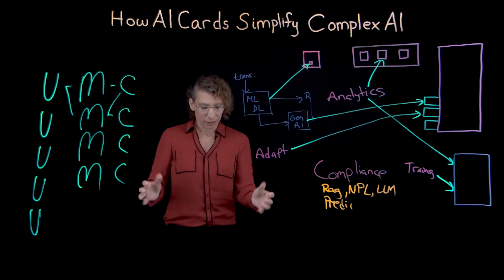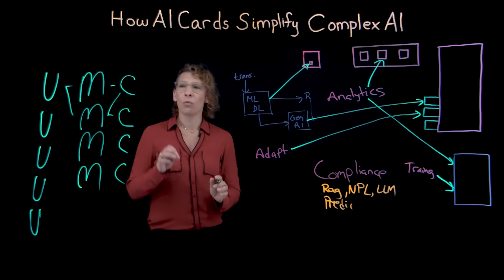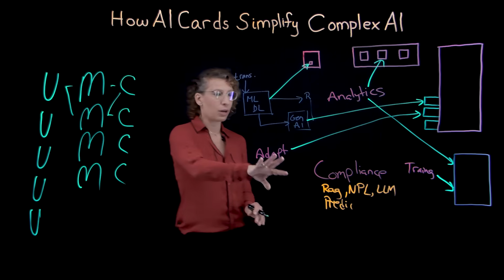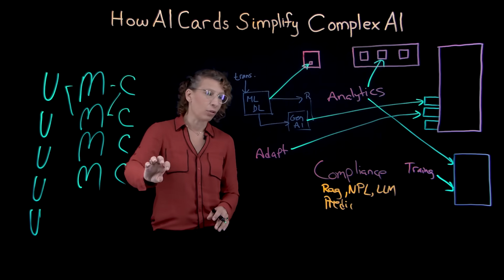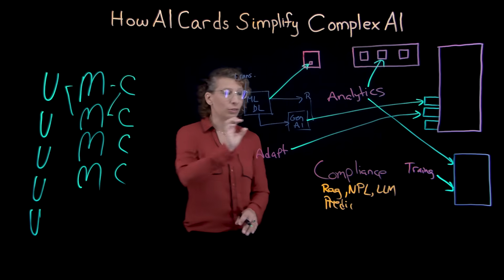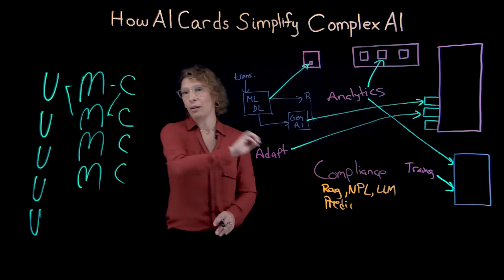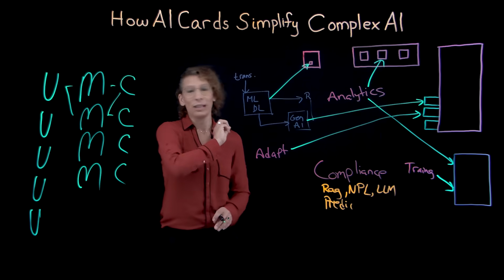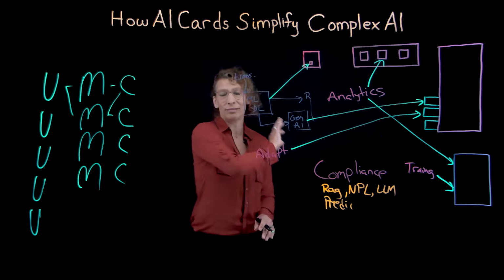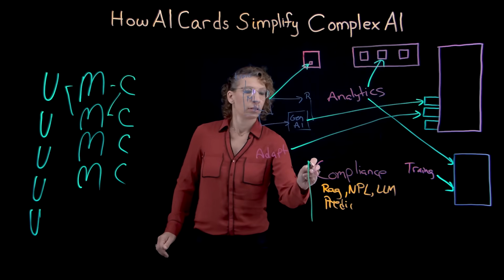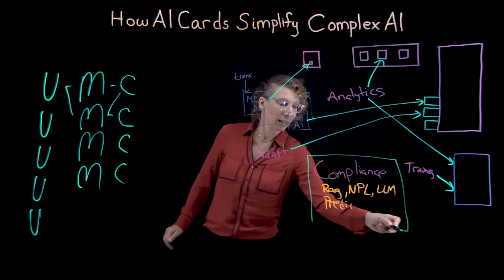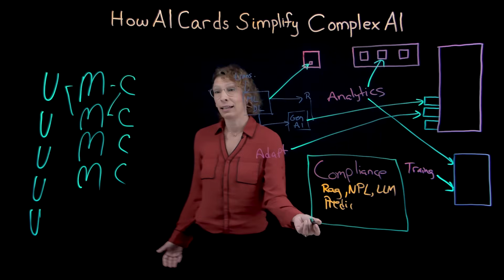So in that case, we can decide which pieces of these models are most important, and we can design a custom piece of hardware that is optimized to do language processing and predictive models. And we don't waste any silicon or design effort on some of the other stuff. And that can be designed and physically built as an AI card.